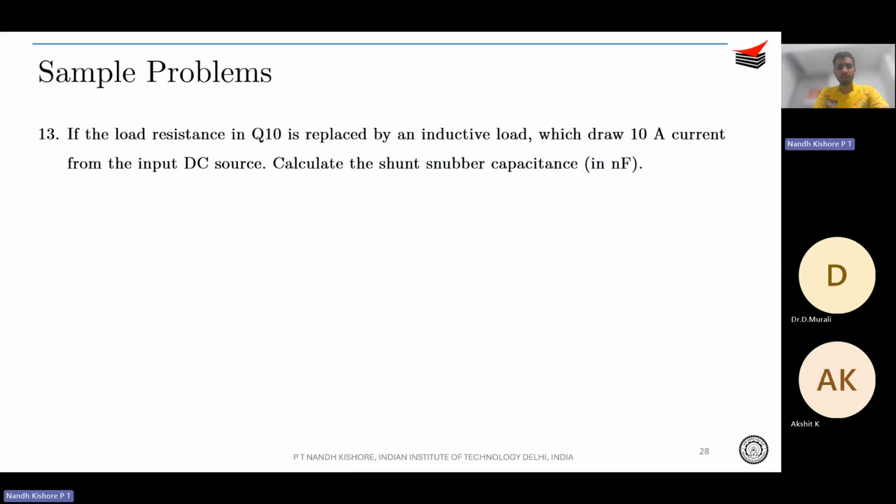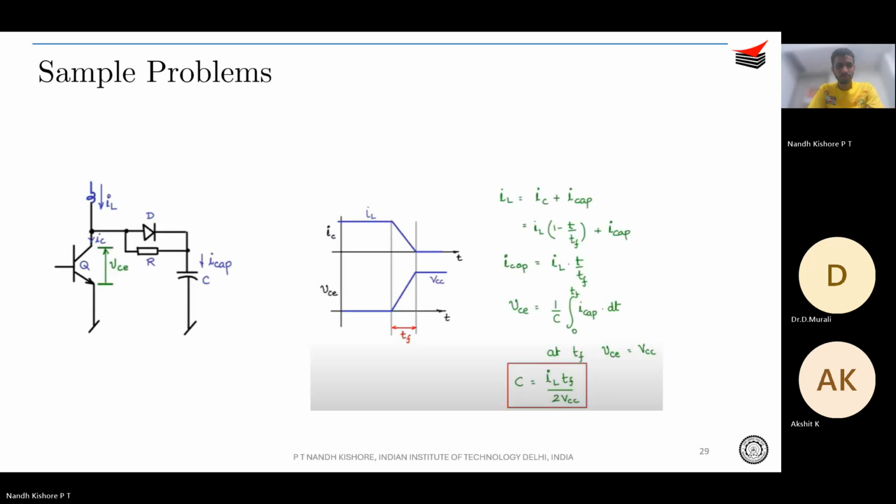The load resistance over here in question 10 is being replaced by an inductive load, which draws 10 ampere current from the input DC source. Calculate the shunt snubber capacitance. So this is what is given.